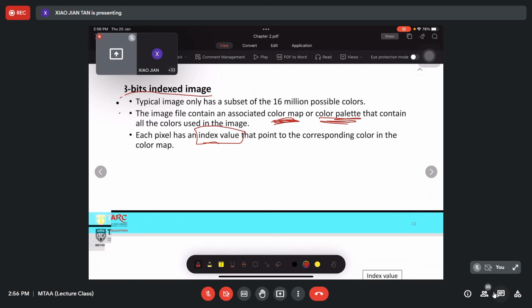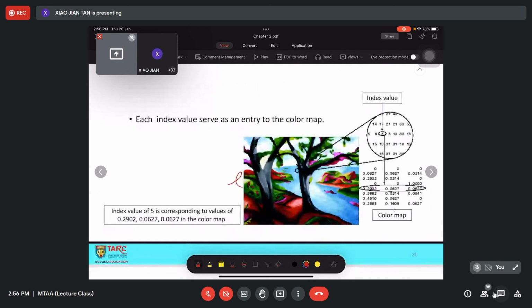So let's say this is an 8-bit index color image, but it will only give you a value, which is number 5 here. This is the index value. From the index value, you need to find it in the color map. This is the color map, and you find value 5, counting 1, 2, 3, 4, and 5.